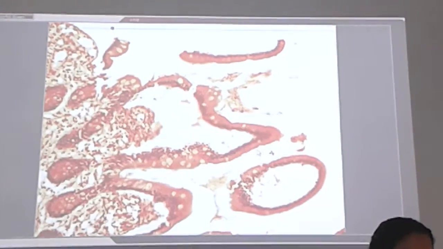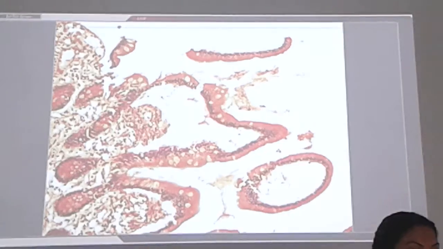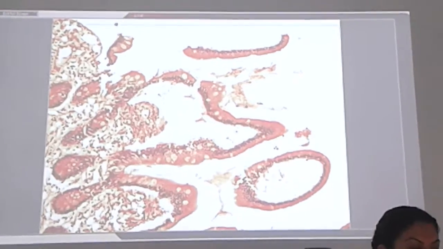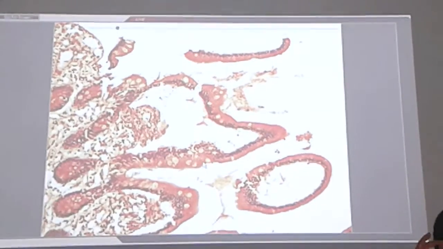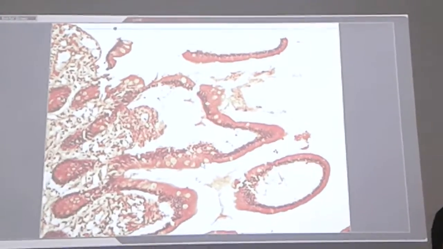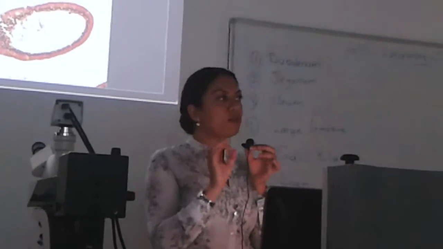See, this is the columnar epithelium, and these are what? Goblet cells. So when you go from the duodenum towards the large intestine, we will always see goblet cells.